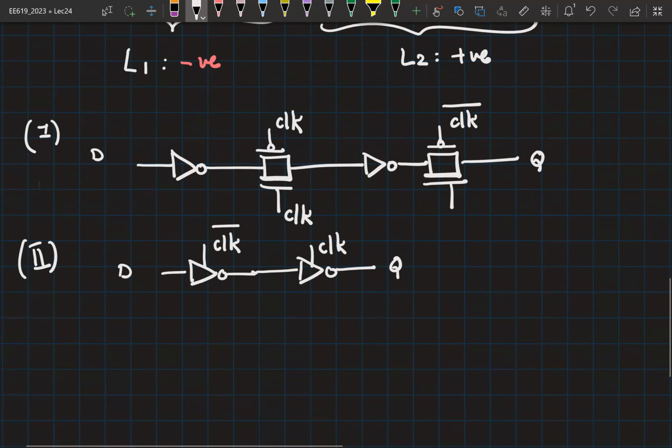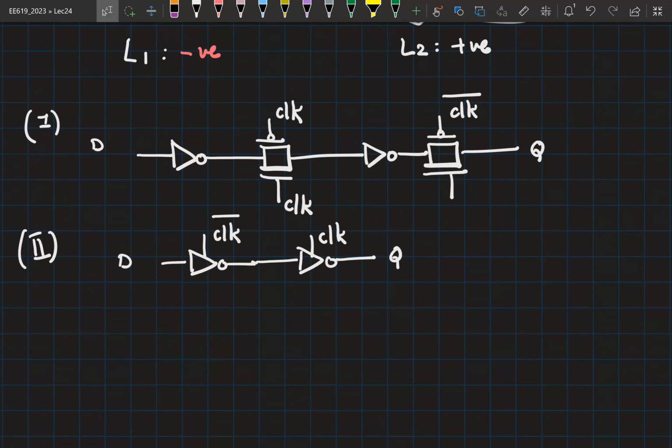Now again, think a little through and you will be able to come up with more dynamic implementations. So now we are going to analyze for these two cases. First, we'll pick up the transmission gate-based D flip-flop implementation. And then we will look for the setup, hold, and clock to Q constraints based on the delay of individual elements. This we are doing assuming zero clock skew, and that the clock edges are very sharp. There is no finite rise and fall time.